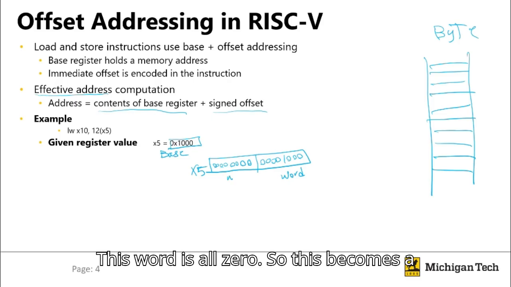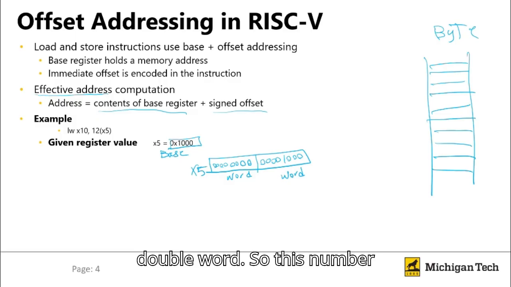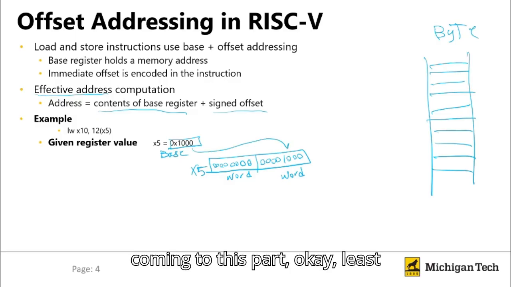This word is all 0. So this becomes a double word. This number comes to this part, the least significant part. The rest is 0. Just to see how we understand that.